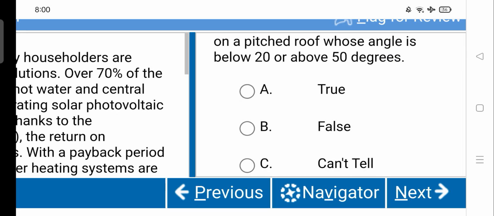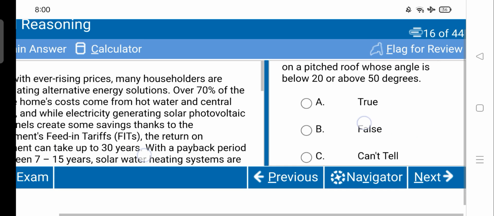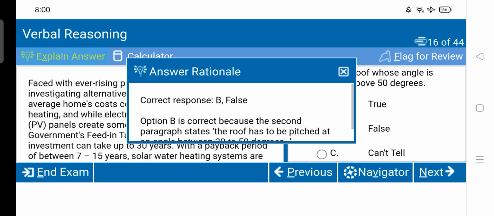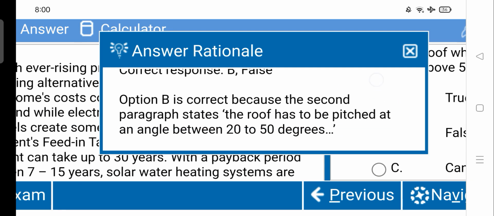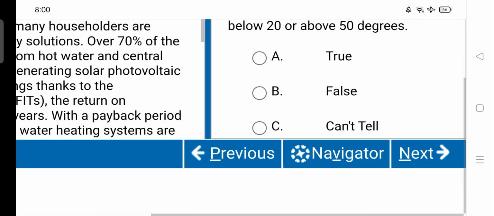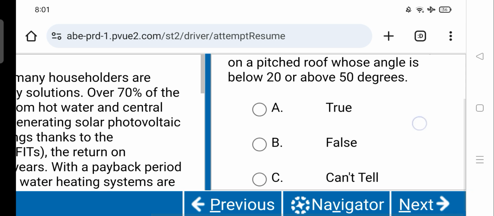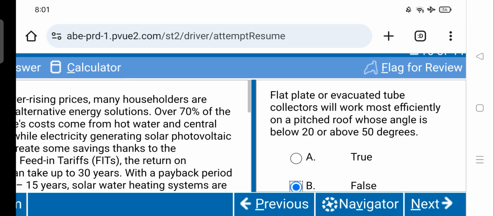Option C, can't tell. So option B is correct, which is false, because the second paragraph states the roof has to be pitched at an angle between 20 to 50 degrees. So there we have option B, which is false, as the correct option.